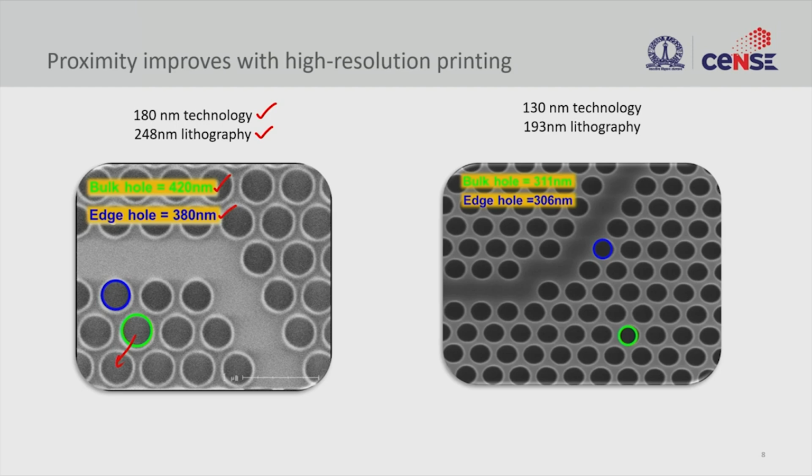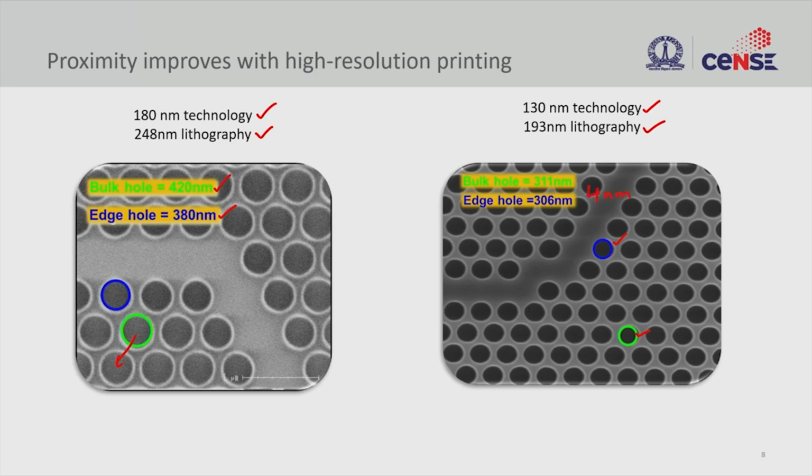But then I am imaging the same structure by using 193 nanometer illuminating optics and laser, and using 130 nanometer node technology. When I do that, the bulk and the periphery, the edge holes, the difference is only 4 nanometer.